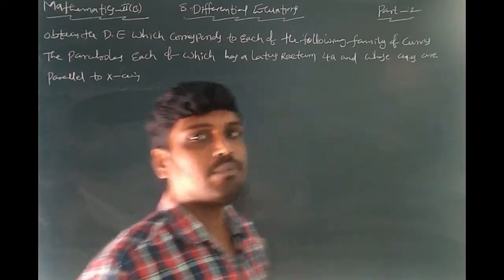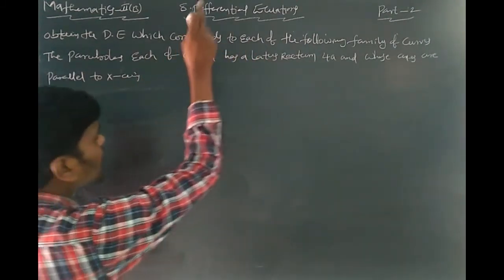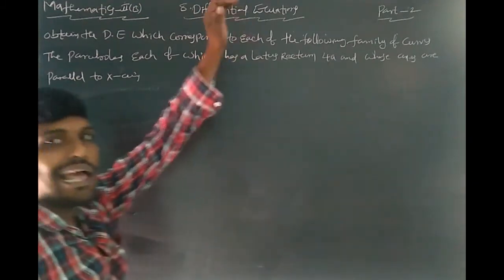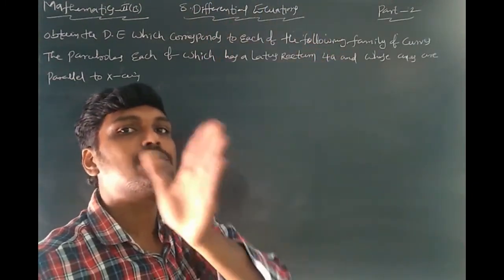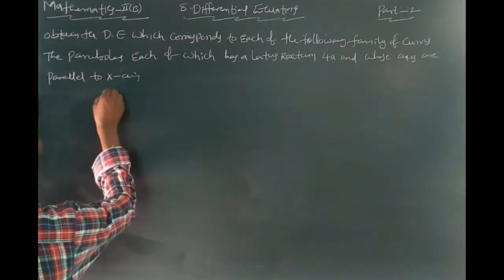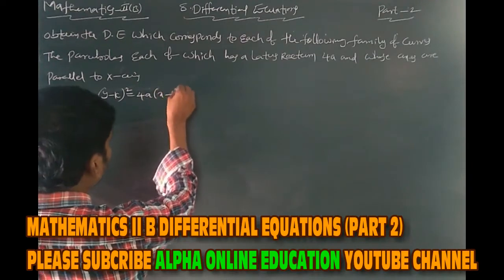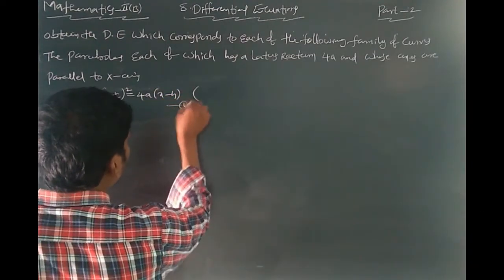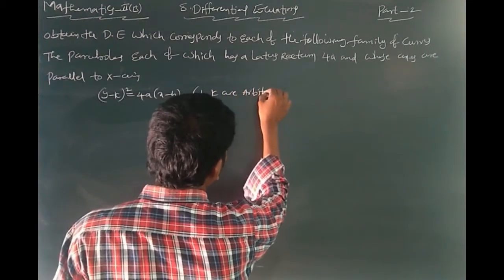That chapter was explained briefly, so directly you can write the formula. The equation of the parabola with latus rectum 4a and axis parallel to the x-axis is y minus k whole square is equal to 4a into x minus h. In this equation, h comma k are arbitrary constants.